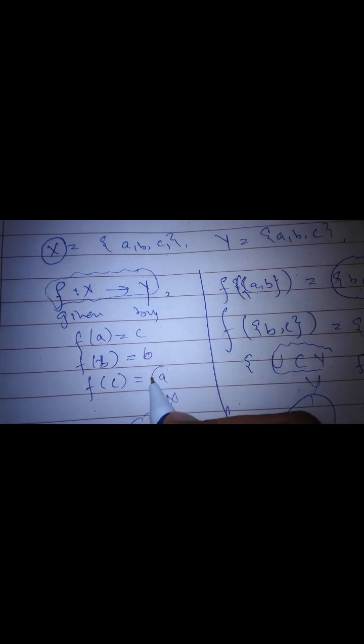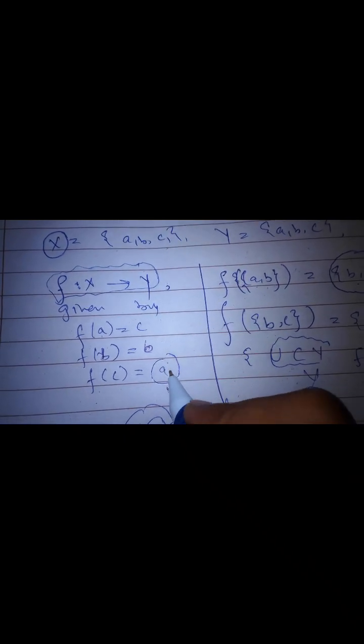If we check a, the pre-image of a is c, so c does not belong here, c is not open in this topology X. But a is not in the topology on Y, since we check only open sets, so we will not check a. The pre-image of {b, c} is {a, b}.